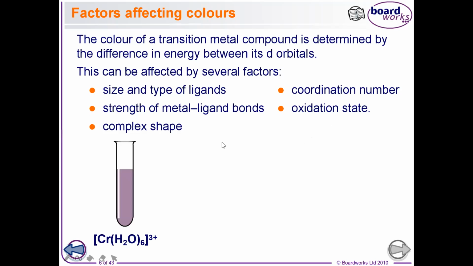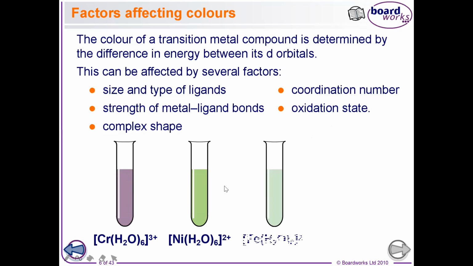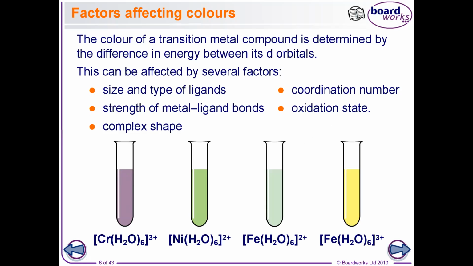Here, if we have chromium 3 plus, it has a different color from nickel 2 plus, which is also different from the color of iron 2 plus, which is also different from iron 3 plus.